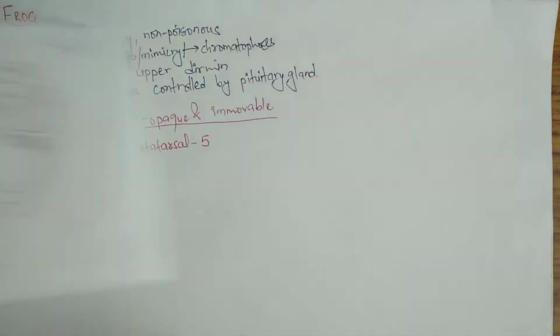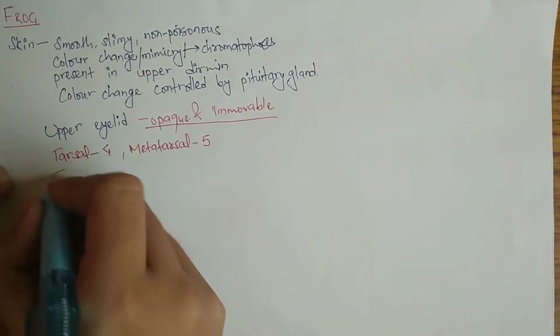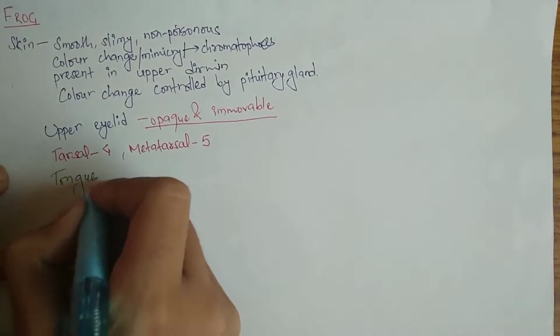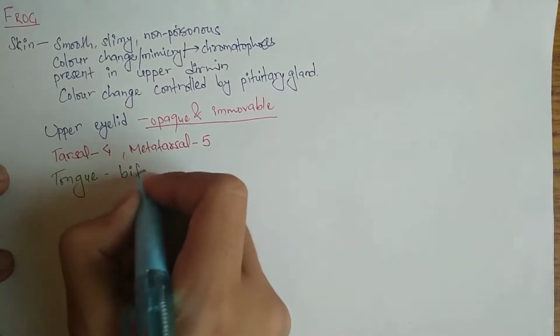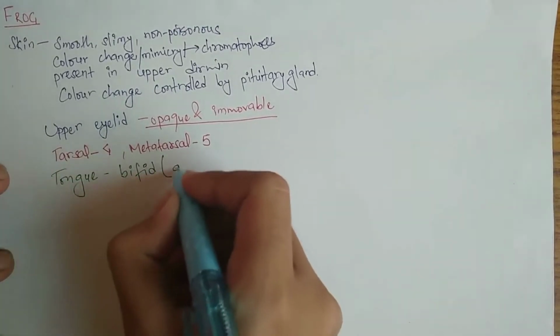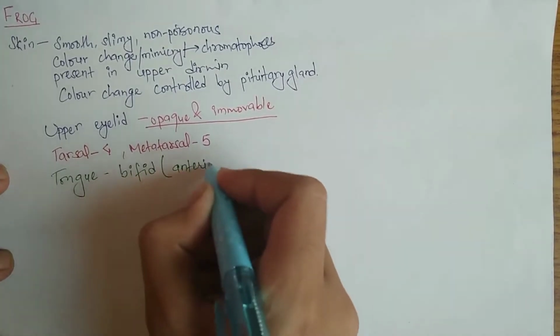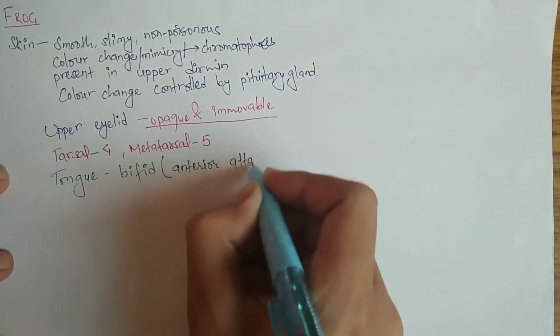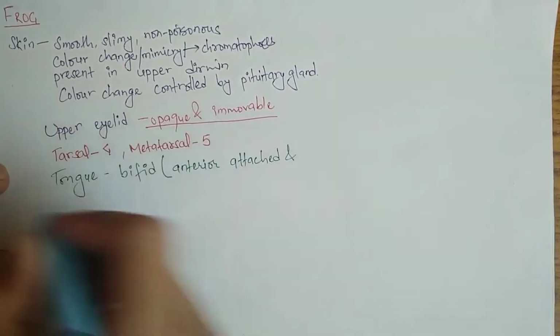Talking about the tongue: the tongue is bifid, as told, anterior attached and posterior free.